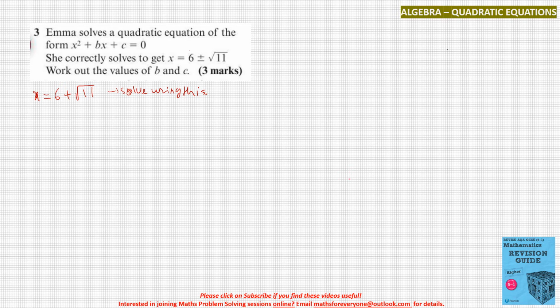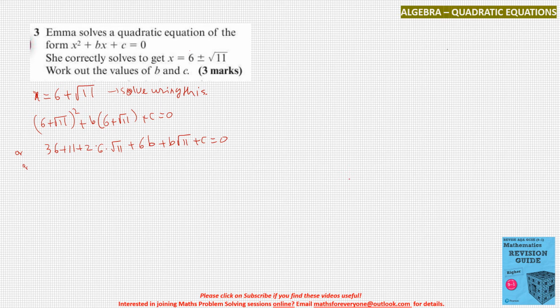Okay, so we're going to write x squared, that's (6 + √11)² plus b times (6 + √11) plus c equals 0. Now if we expand this, 36 plus 11 plus 2 times 6 times root 11 plus 6b plus b root 11 plus c equals 0.